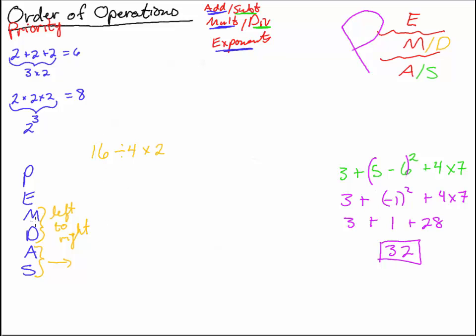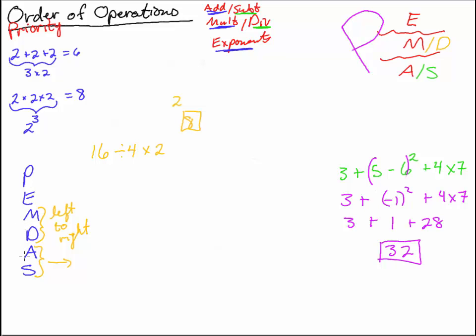If you do this with multiplication above division, you will say 4 times 2 is 8, 16 divided by 8, and you'll give the answer as 2. However, if you punch this in your calculator, you'll find out the answer is really an 8. 16 divided by 4 is 4 times 2 is 8, and that's the correct thing. So putting multiplication before division is technically not correct.